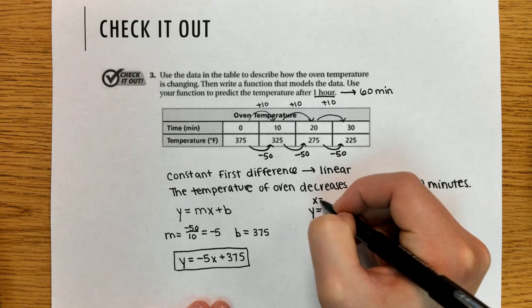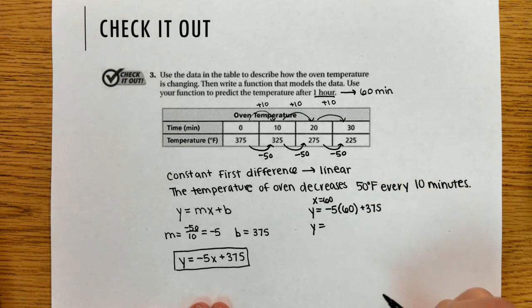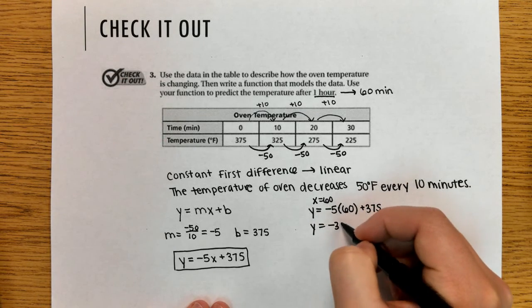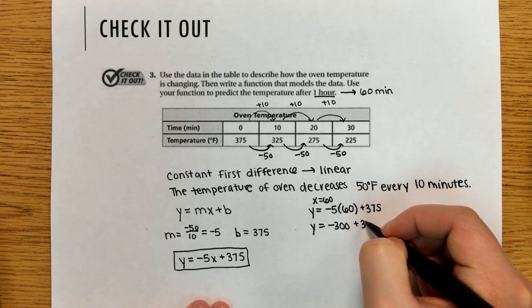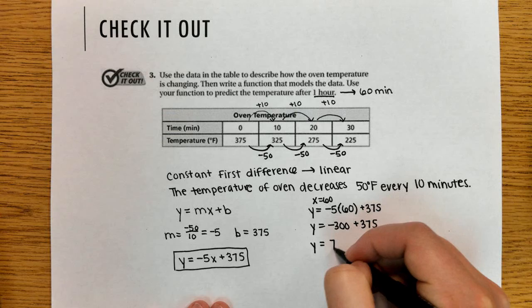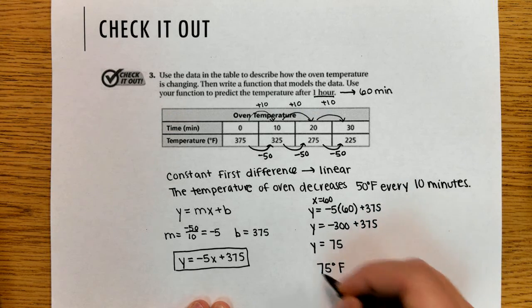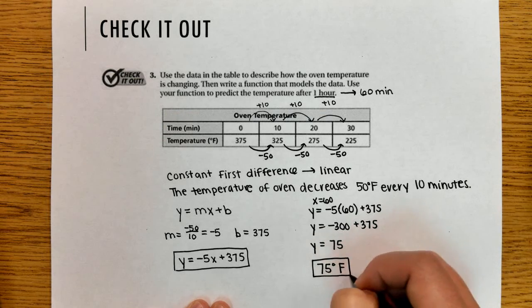So here x equals 60. So negative 5 times 60 will give you negative 300. And then add 375. And here we are going to get positive 75. So that means 75 degrees Fahrenheit will be our answer for that last part.